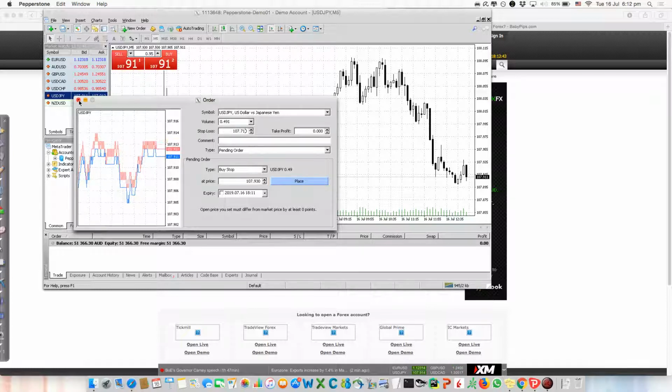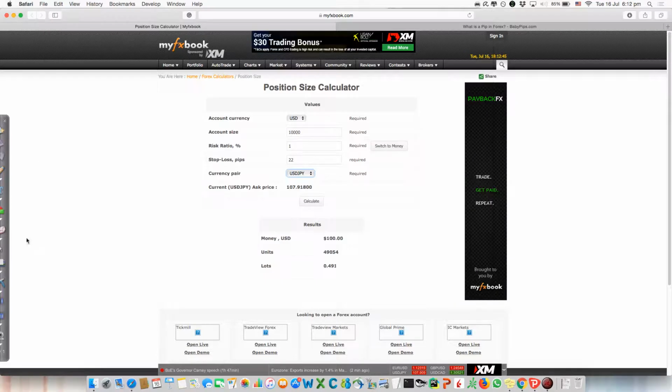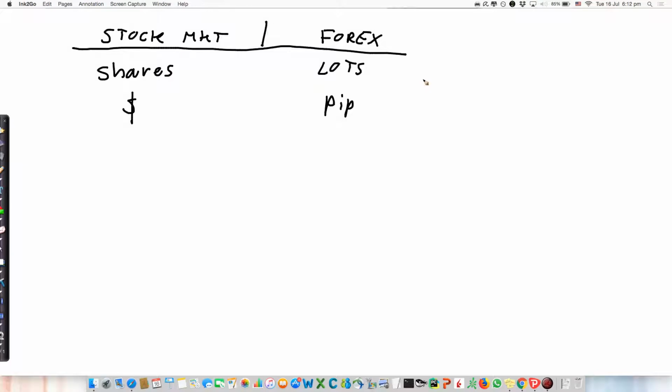So again, when you trade Forex, what is the main concept? Instead of shares, as in the stock market, we have lots. And instead of dollars, we have pips. And pips can be different depending on the pair that you are trading. So remember that for the Japanese yen, 1 pip is 0.01.